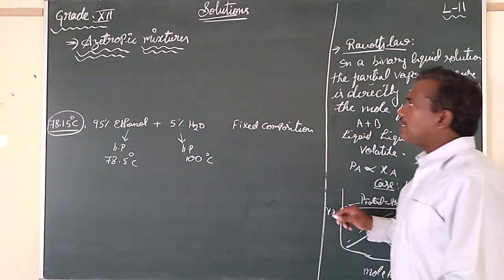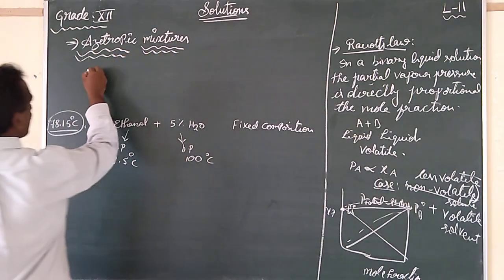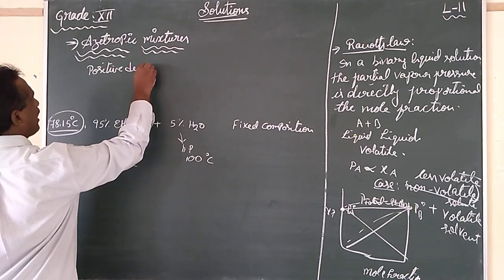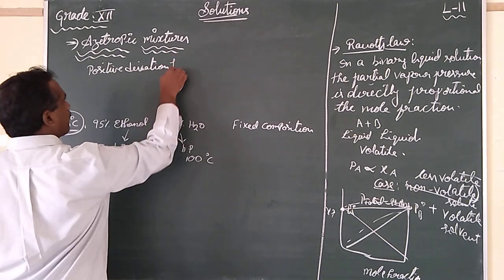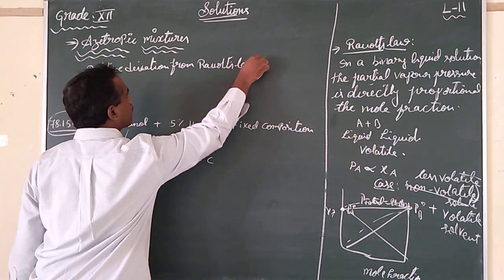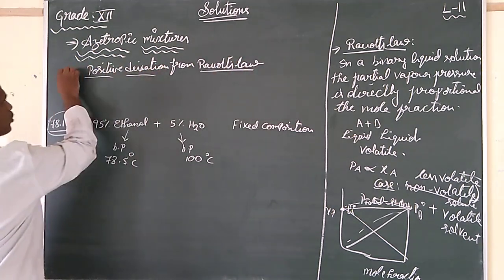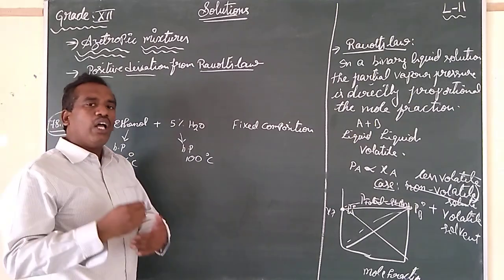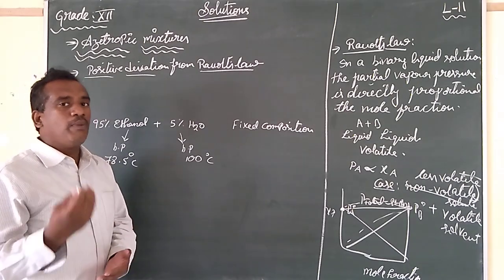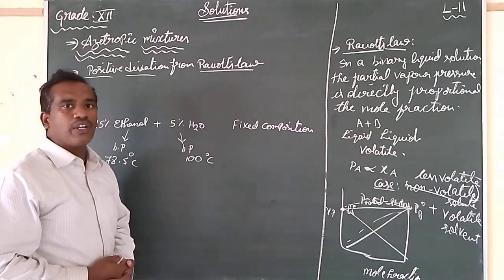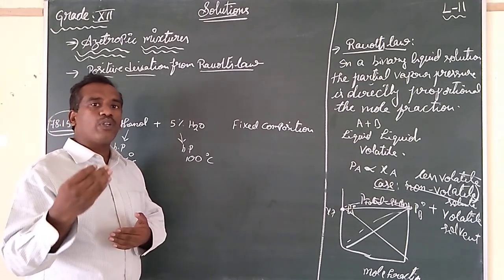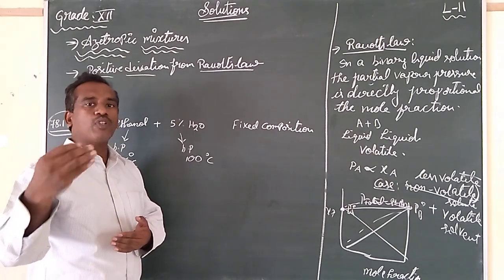Do you remember the positive deviation from Raoult's law? Which compounds show positive deviation from Raoult's law? The compounds which are more volatile. When they are more volatile, they show more vapor pressure above the solution.